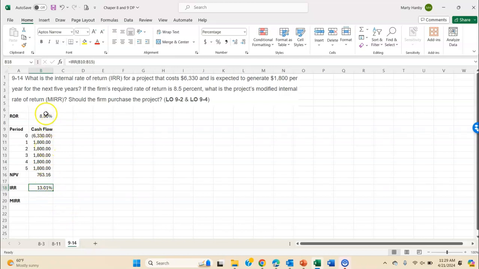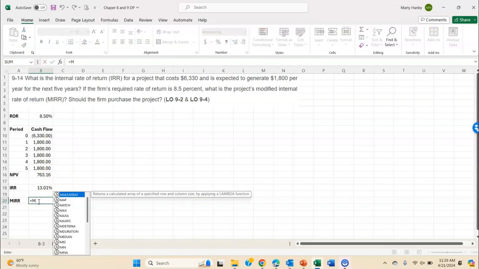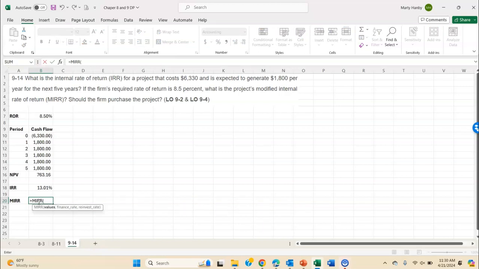Obviously, considerably greater. But again, that assumption that the cash flows can be reinvested is not always realistic. So we have the modified internal rate of return. Again, equals MIRR. The first thing to do is highlight the values, but then we have a finance rate and a reinvest rate.